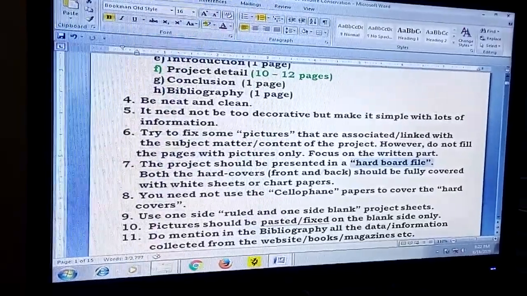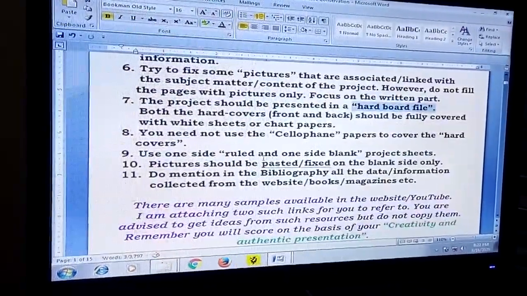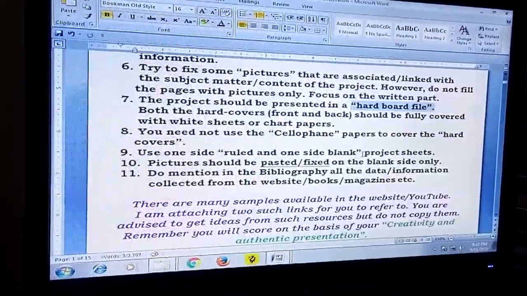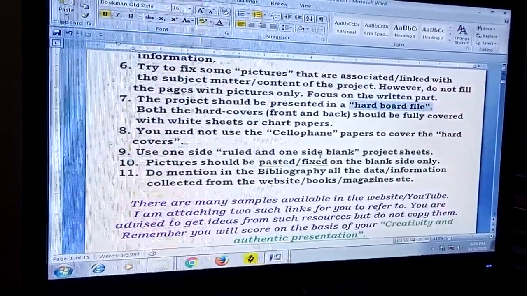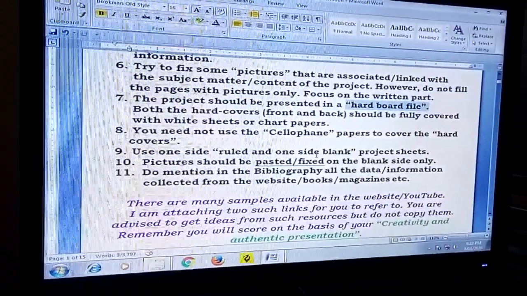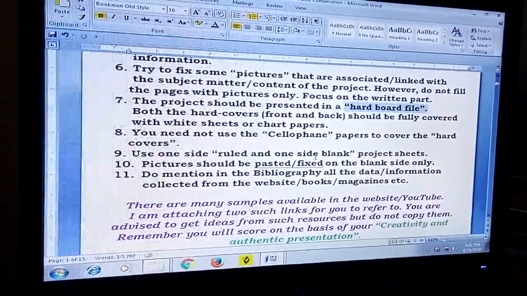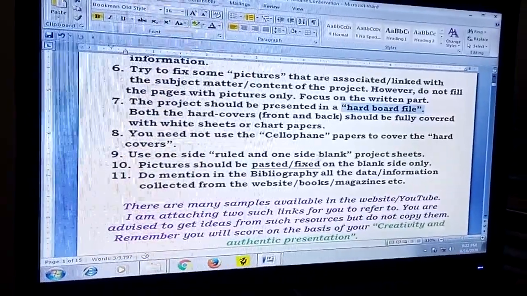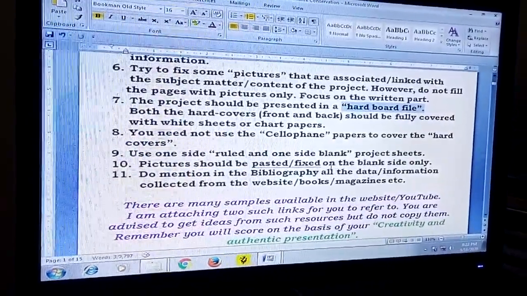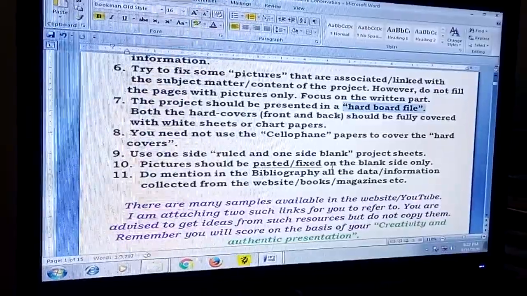Use one side ruled and one side blank project sheets. Why? Because on the ruled side you will write the written part, and the corresponding pictures will be on the back page.